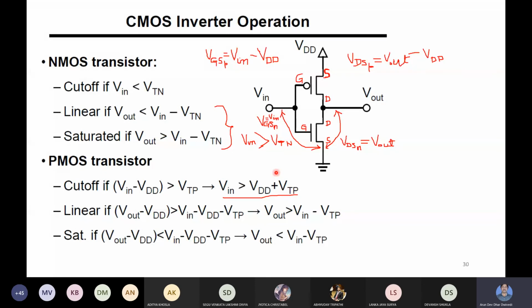So this is the CMOS inverter circuit. Many times this symbol is treated as a line.